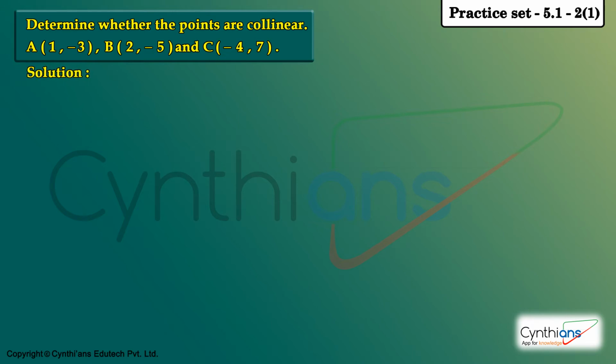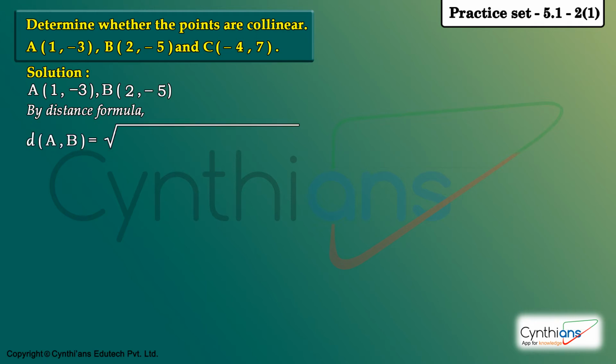So let's take 2 points, point A and B. Let's consider the coordinates for point A as x1, y1 and coordinates for point B as x2, y2. Now x1 becomes 1, y1 becomes minus 3, x2 becomes 2, y2 becomes minus 5. By distance formula, d of AB is equal to square root of x2 minus x1 the whole square plus y2 minus y1 the whole square.